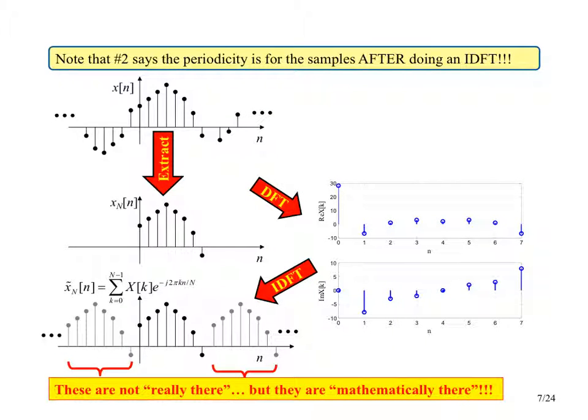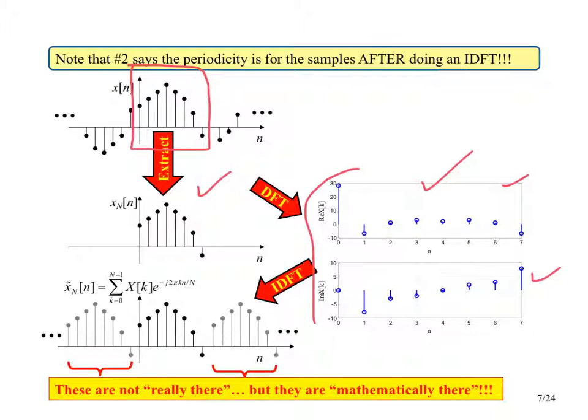Here's what we're saying: we start with some x of n, which may not be finite, and we grab some N samples. There's the chunk that we're going to grab. Now here's our collection of a finite number of samples that we're going to take the DFT of. We compute the DFT and we get this, with a real part and an imaginary part.